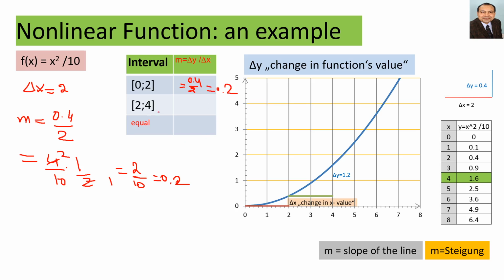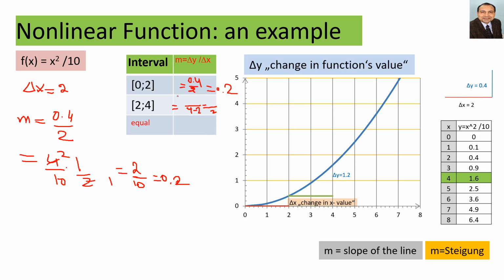0.2. On the interval 2 to 4, delta x is 4 minus 2, which is equal to 2. And at 4 we have the value 1.6, and here it is 0.4.